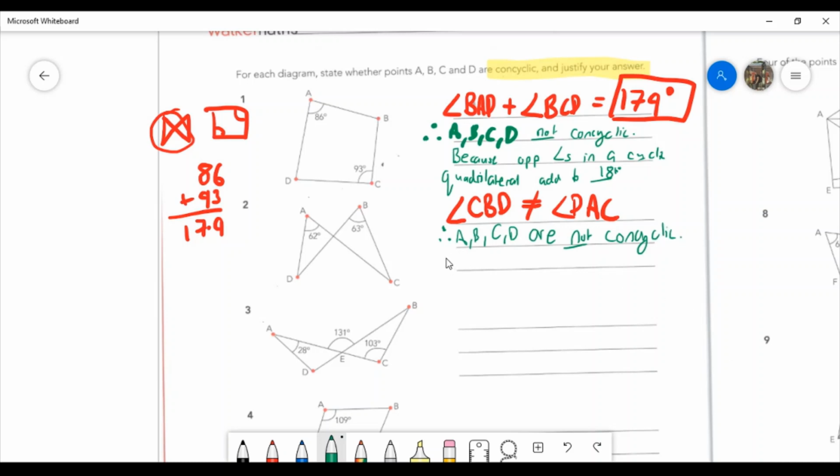We can say if they were concyclic, the angles on the same arc would be equal, and they must be equal as well. It's an arc there. Alright, that's it. Good luck.